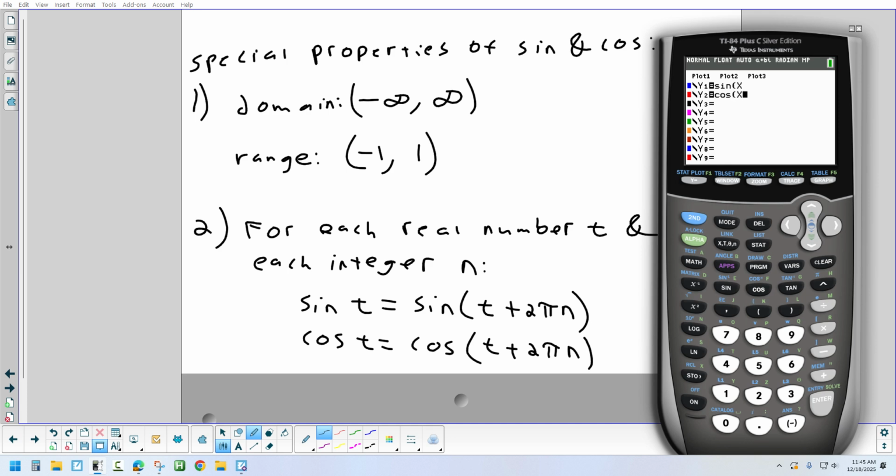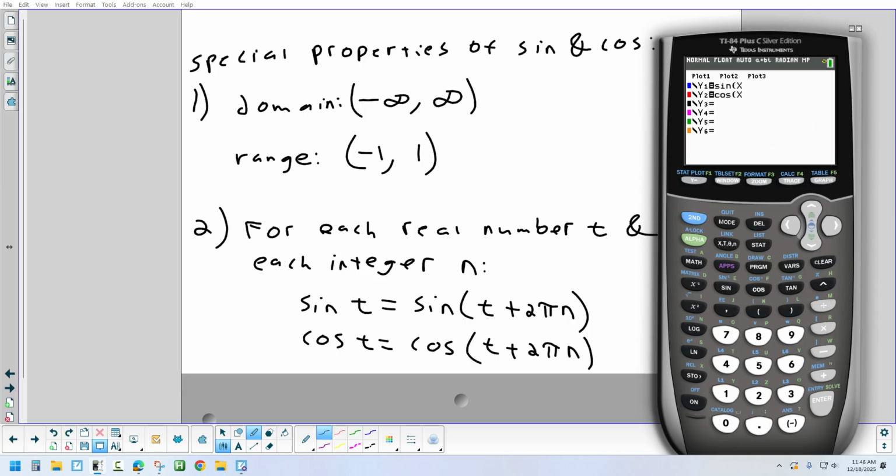Cosine looks very similar. It's a little bit different, but it's like a horizontal shift. It goes up to 1, goes down to -1. But it does go left and right forever. No tangent. These are the only 2 trig functions that have a domain of all real numbers. Every other trig function looks very different.